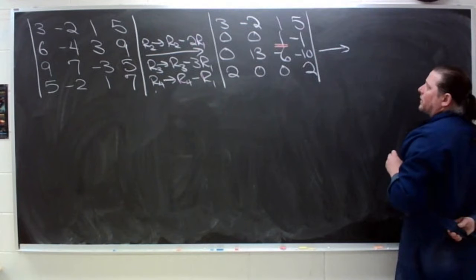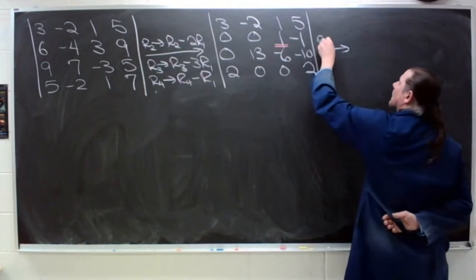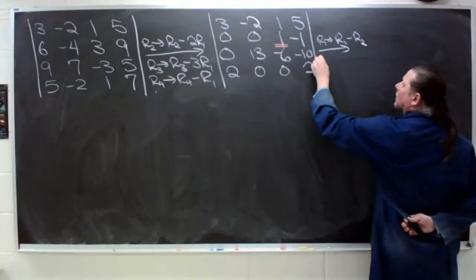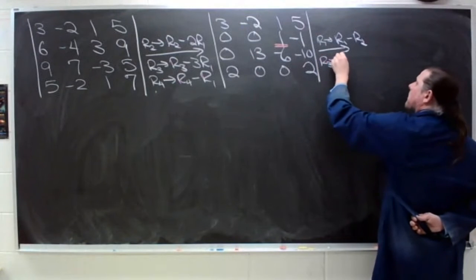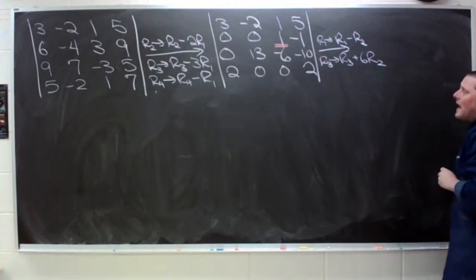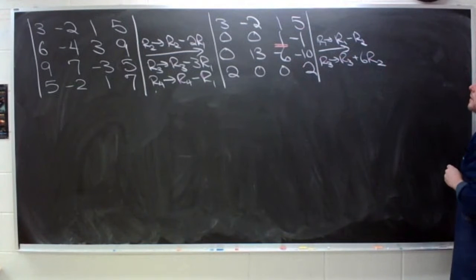So I have row 1 goes to row 1 minus row 2 and row 3 goes to row 3 plus 6 row 2.